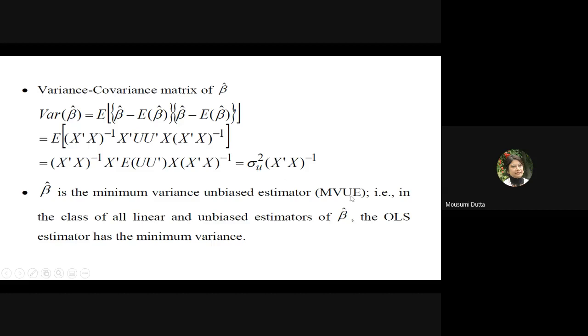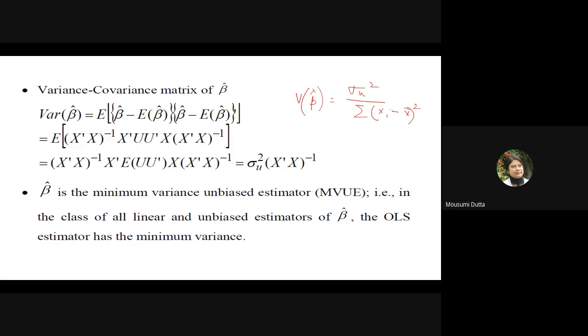In case of two variable analysis, variance of beta hat is given by sigma u square, this kind of thing. So similar kind of thing we are getting here.